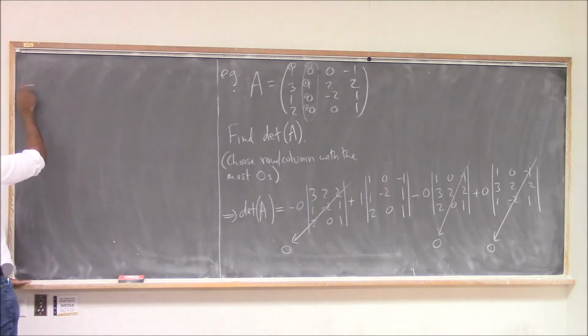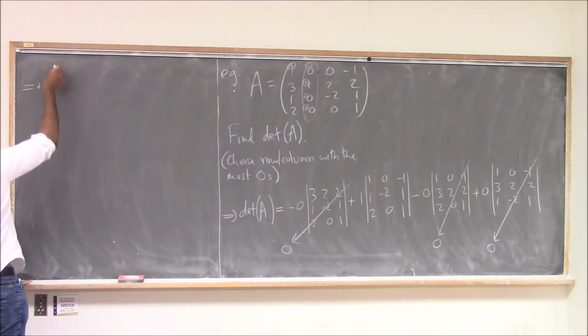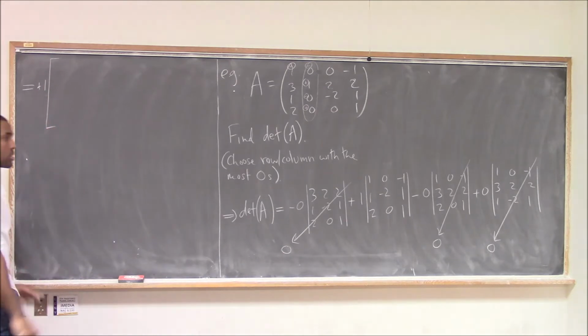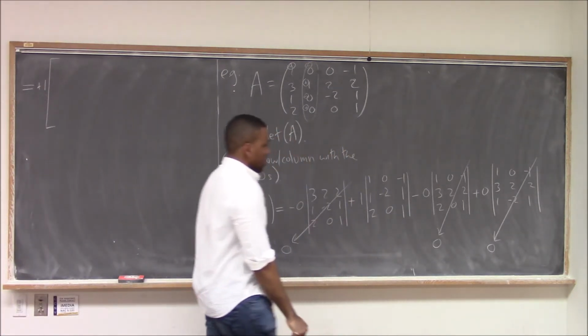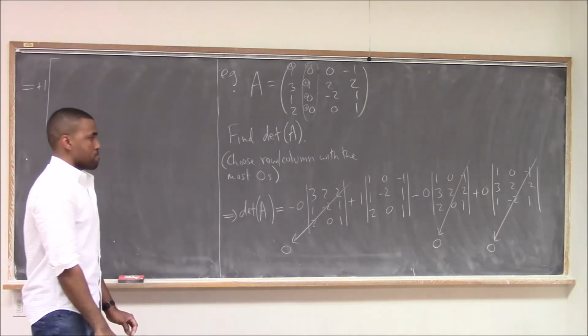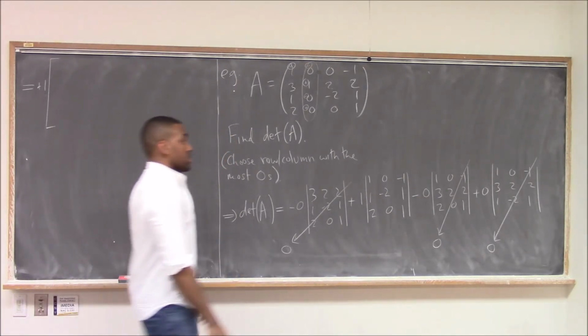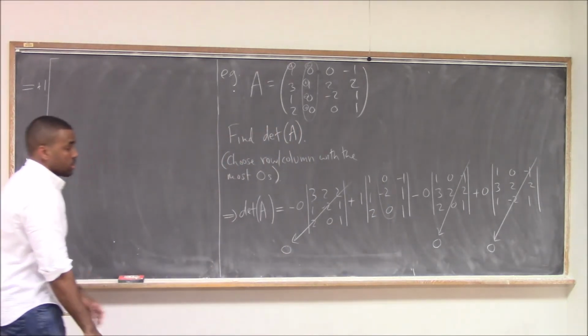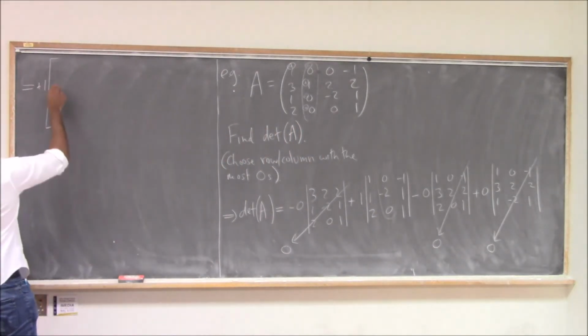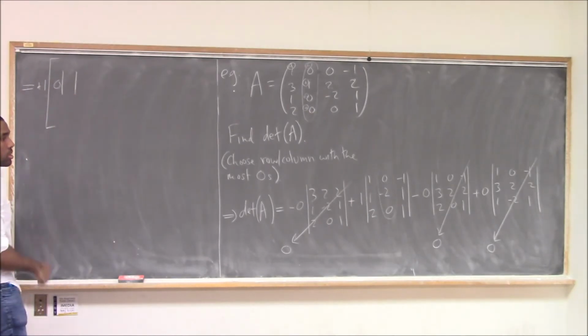So this is going to be equal to the plus 1 times, I'm going to redo that process for this matrix. Which row or column do you want to choose? Second column. Second column is again the best one to do. That's the one with the most zeros. So this is going to be 0 times blah, I don't care.